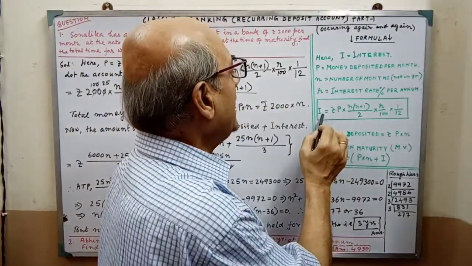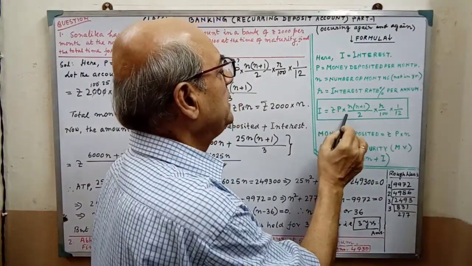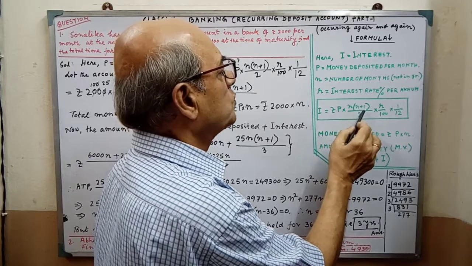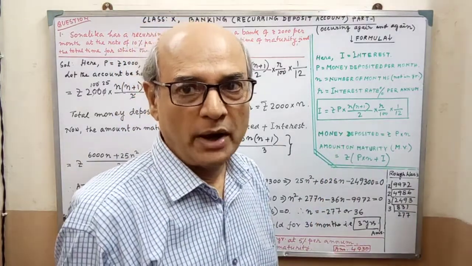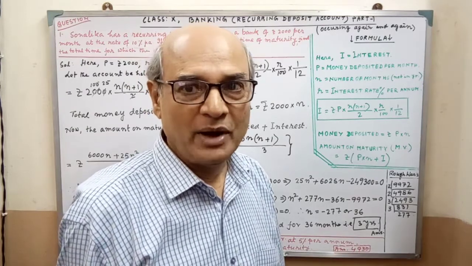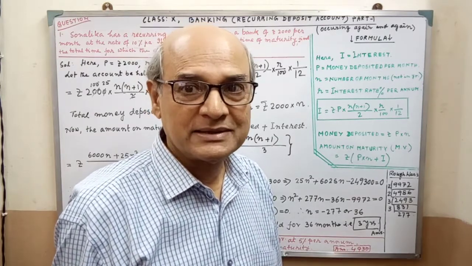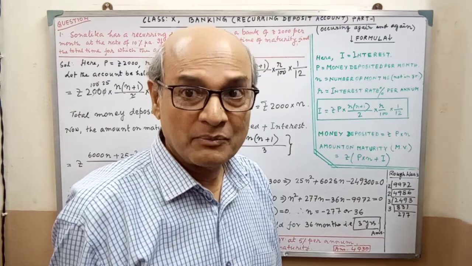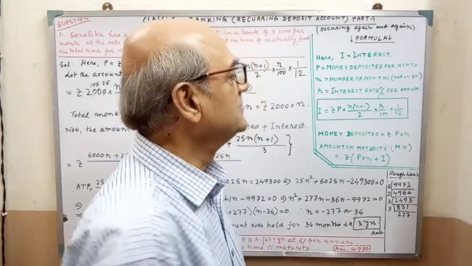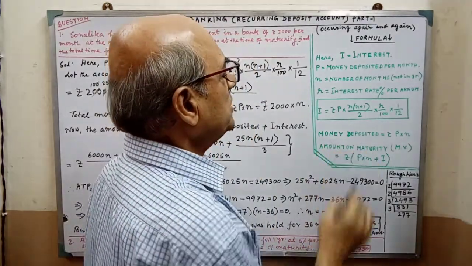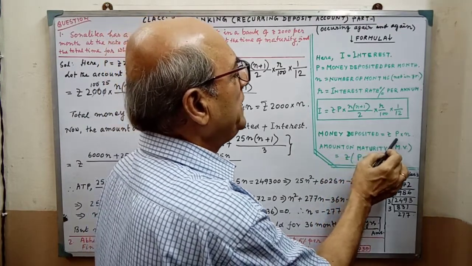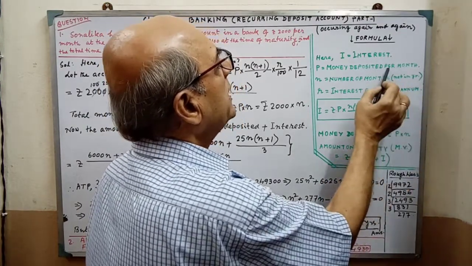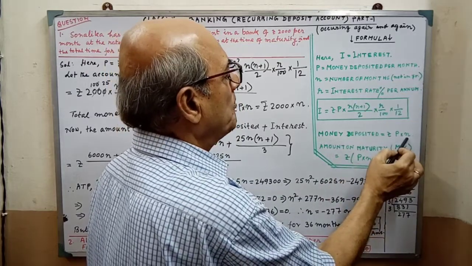Now I equal to P into n into n plus 1 by 2 into R by 100 into 1 by 12. 1 by 12 is for 1 month. Money deposited equal to P into n, that is installment and number of months.